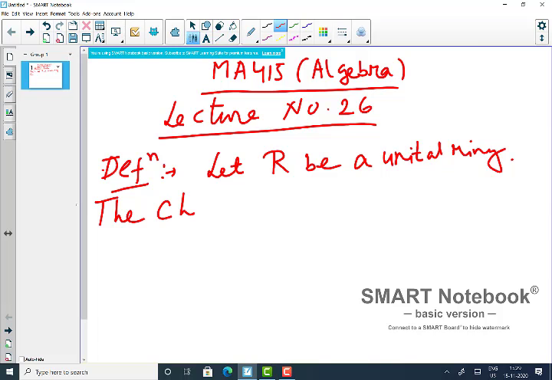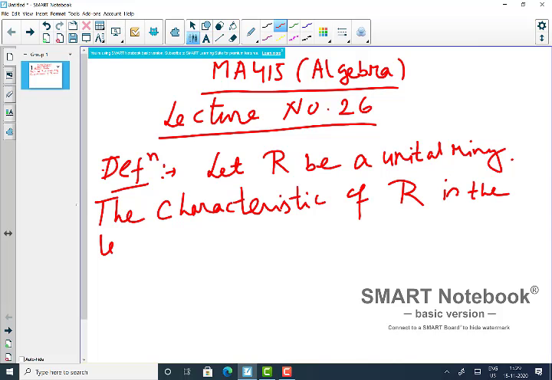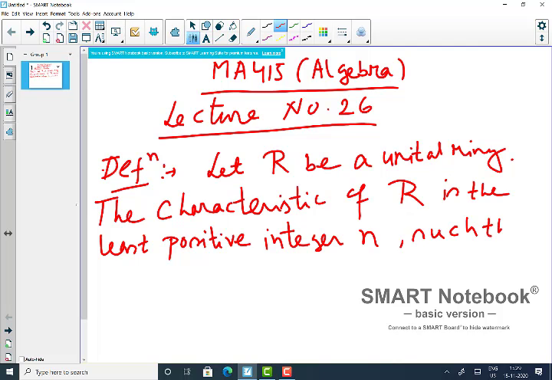The characteristic of R is the least positive integer n such that n times r.